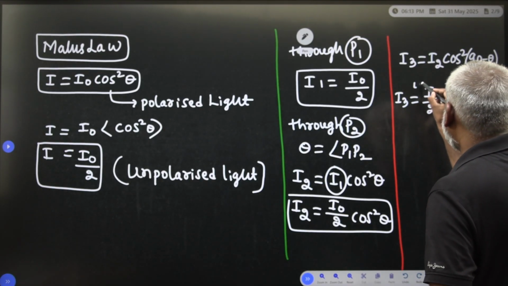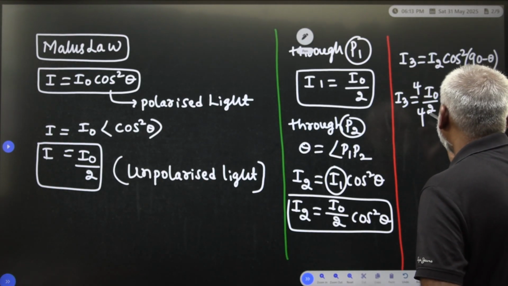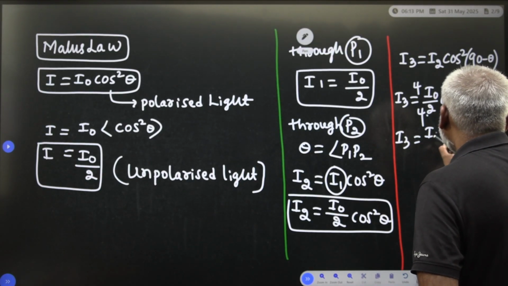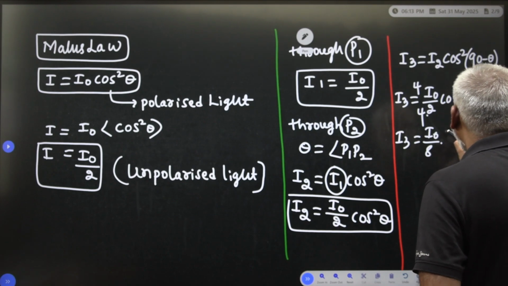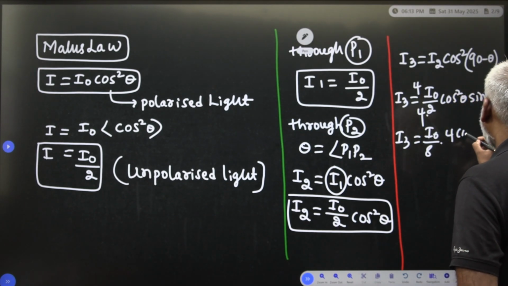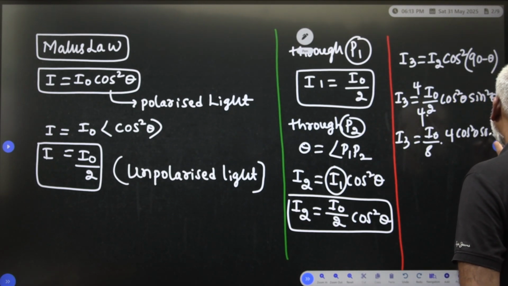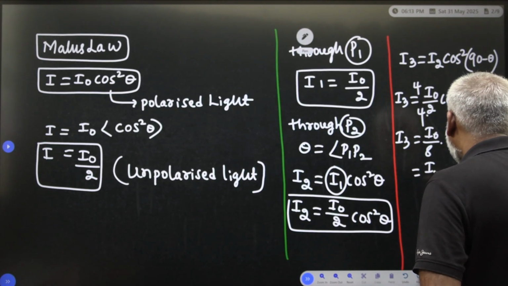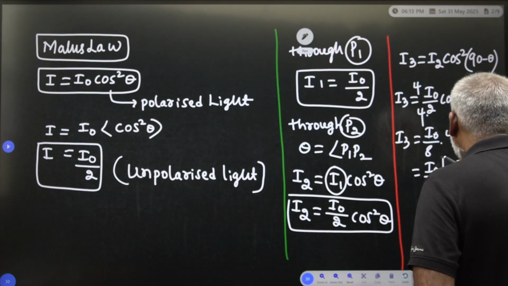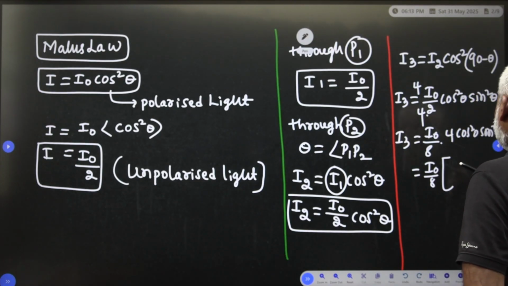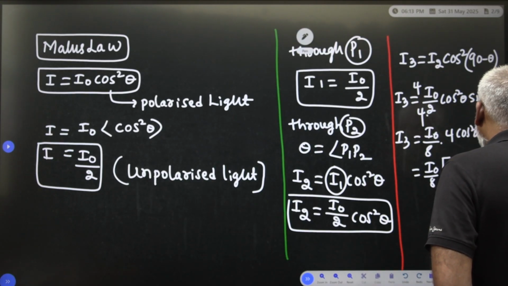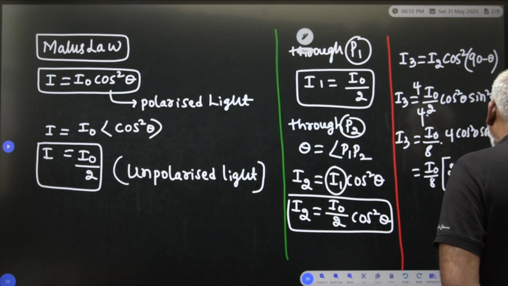Now multiply with 4 and divide with 4. Therefore I3 is equal to I naught by 8 into 4 cos square theta sin square theta. We can take this as 2 sin theta cos theta whole square.